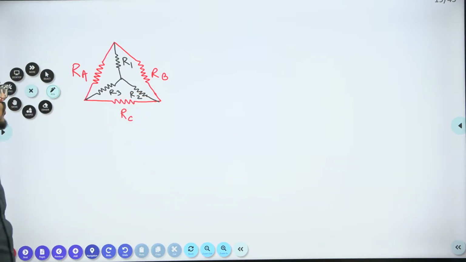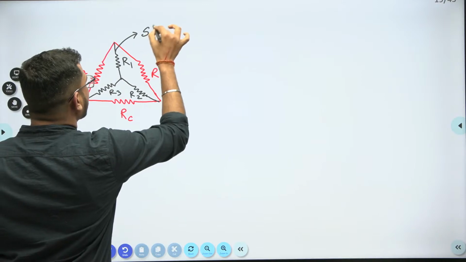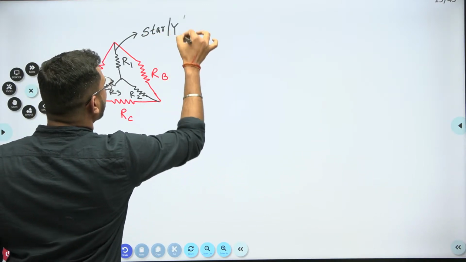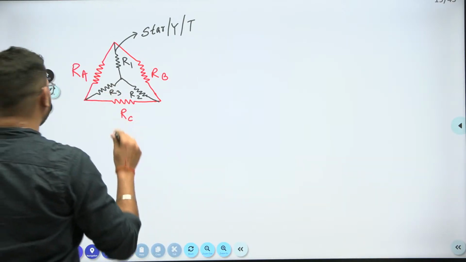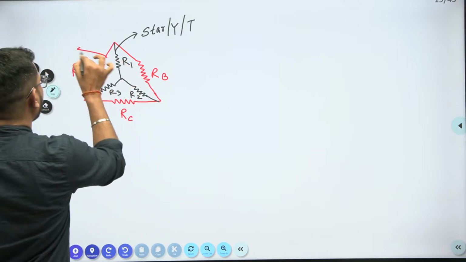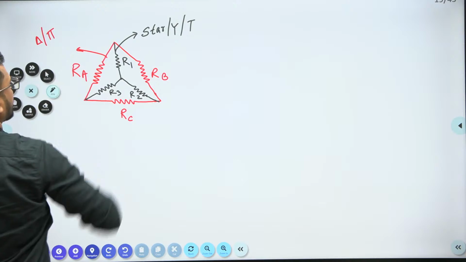So what is this, guys? So this is the star connection. You can say star connection or Y connection or T connection. Is it clear now? What about this, guys? This is delta connection, or you can say this is pi connection.